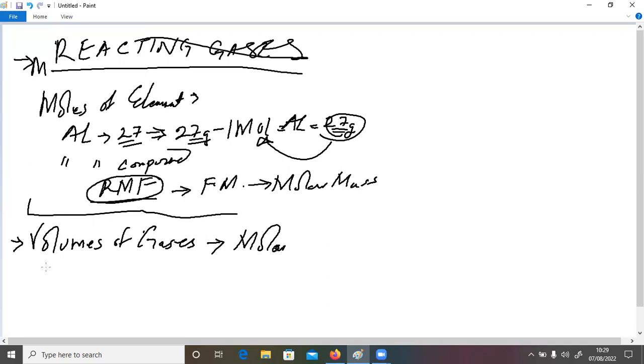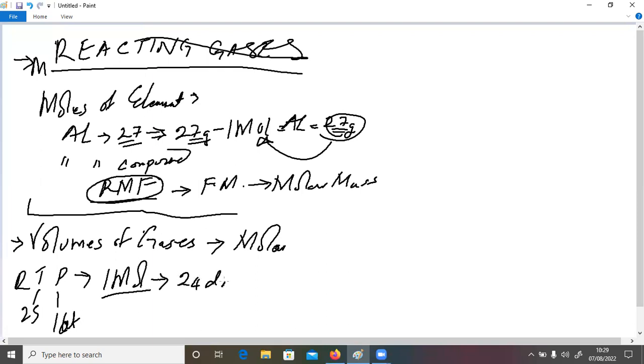At room temperature and pressure, where the temperature is 25 degrees and the pressure is 1 atmosphere, the volume occupied by 1 mole of any gas is 24 dm cubed, which is equal to 24,000 centimeter cubed. We did some calculations related to that.